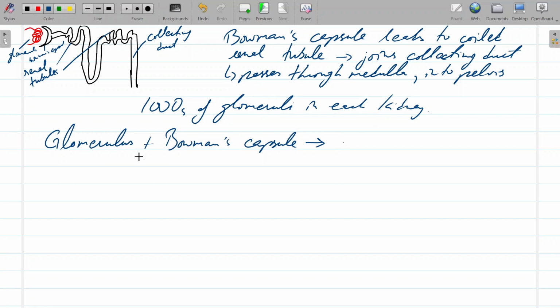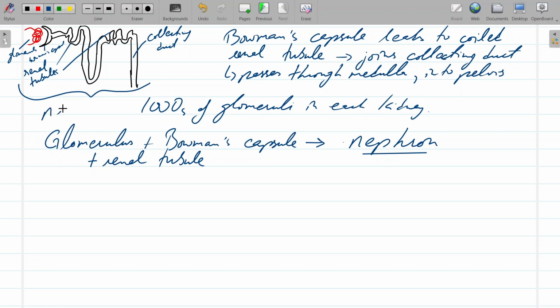In fact, not just the glomerulus and the Bowman's capsule, but also the renal tubules. All of these together are called a nephron. So this whole thing is a nephron.